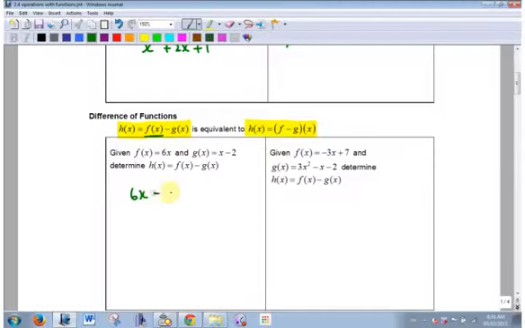6x minus, now, you tell me what I did wrong. No bracket. And obviously that's going to be a different answer. Okay, so make sure you're subtracting the whole function, not just the first term of the function. You've got to put brackets there, or it's wrong.